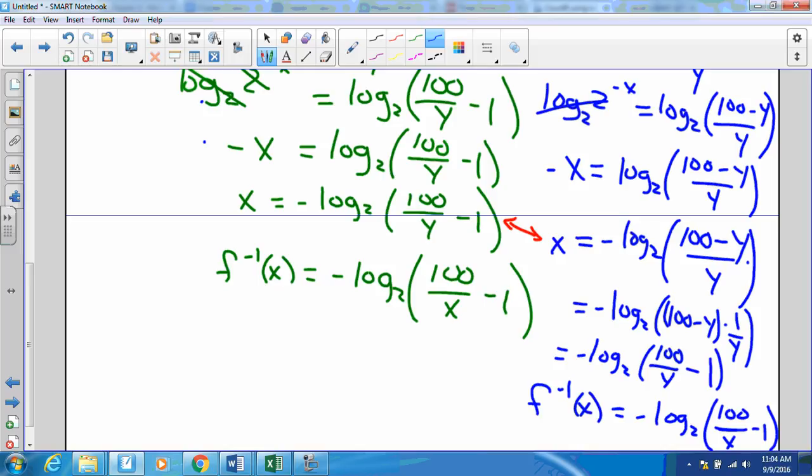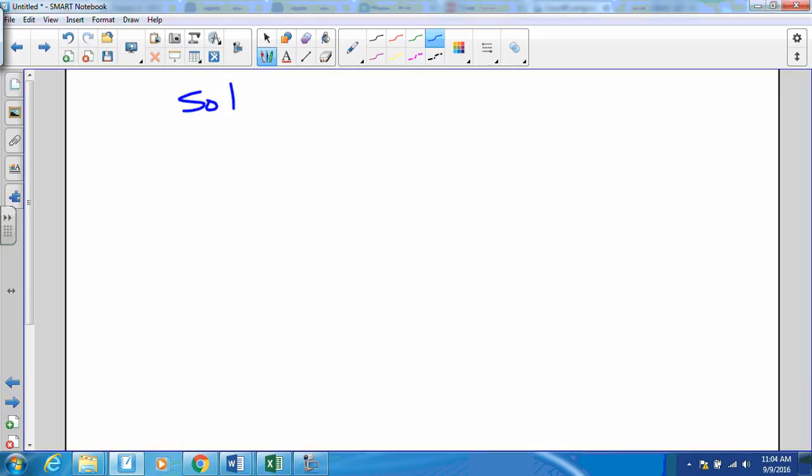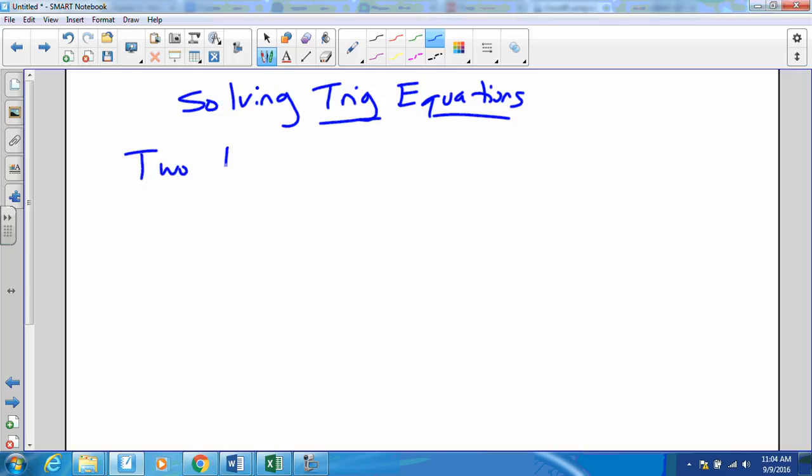Yes. Okay, so let's talk solving trig equations. The first tool is our graphing calculator.